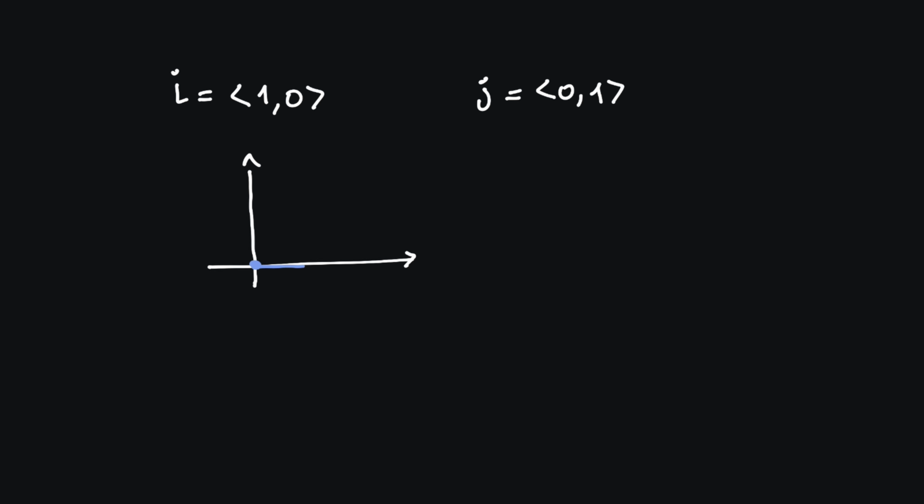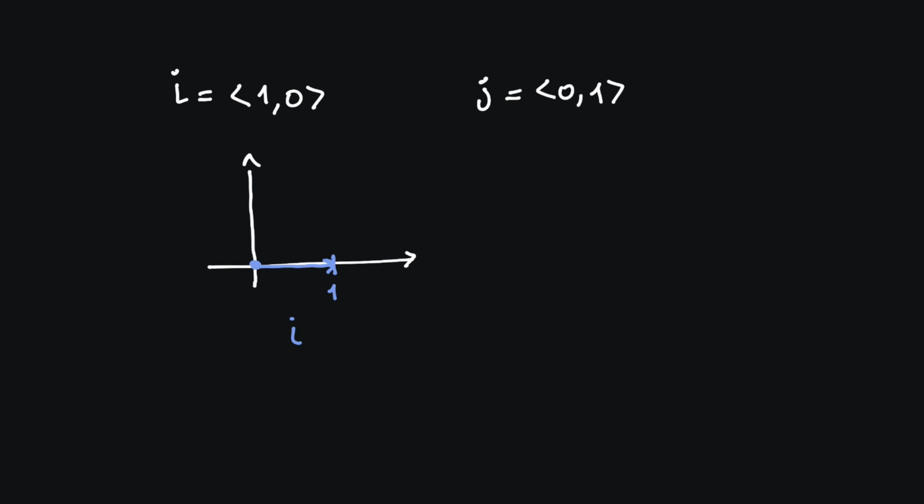The most simple unit vectors are the vector i, 1, 0, and the vector j, 0, 1. If you have the coordinate plane, i will be this vector, right? Because the horizontal component is 1 and the vertical component is 0, so it doesn't go up.